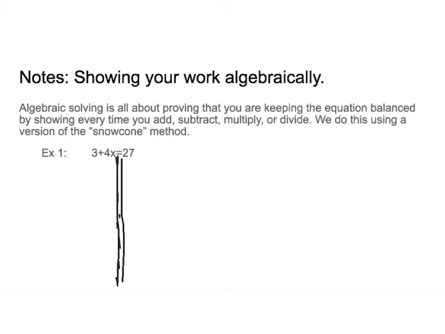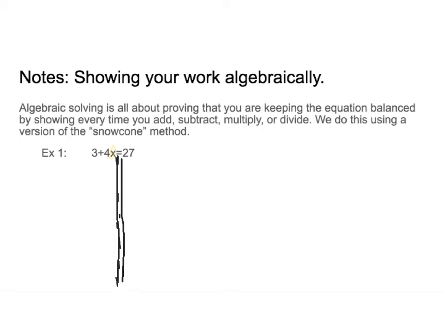So if we're trying to find out what x is, then we need to do some steps to get x alone, so that we can just see what it balances with when it's on its own on one side of the scale.